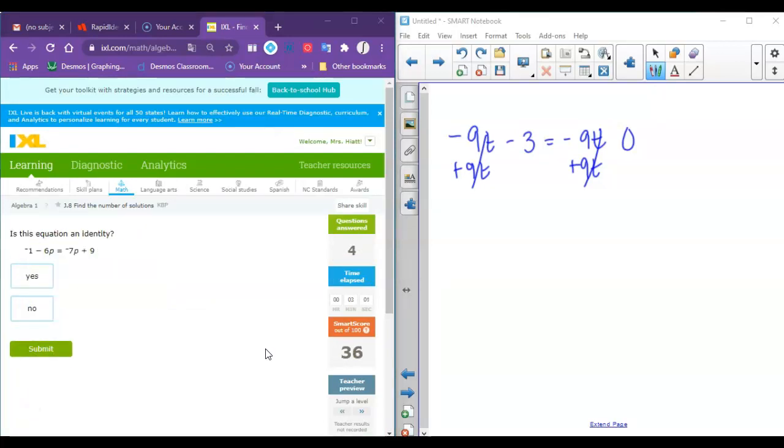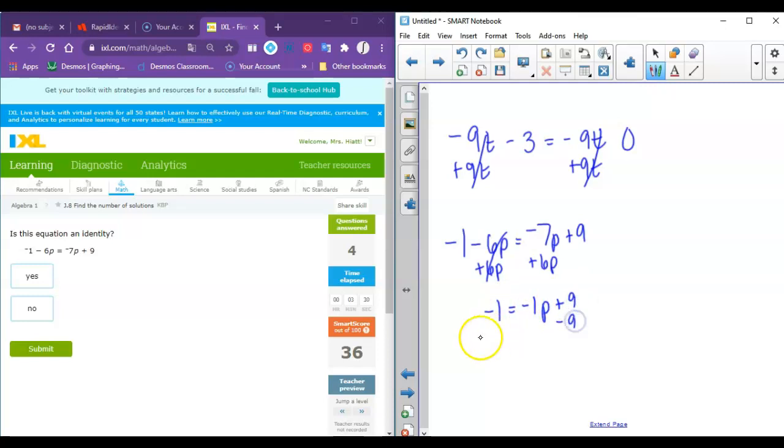Now, eventually, IXL is going to start asking you if an equation is an identity. An identity is an equation that has infinitely many solutions. So if I look at this equation, negative 1 minus 6p equals negative 7p plus 9. If I add that 6p over here to the other side, I would have negative 1 equals negative 1p plus 9.